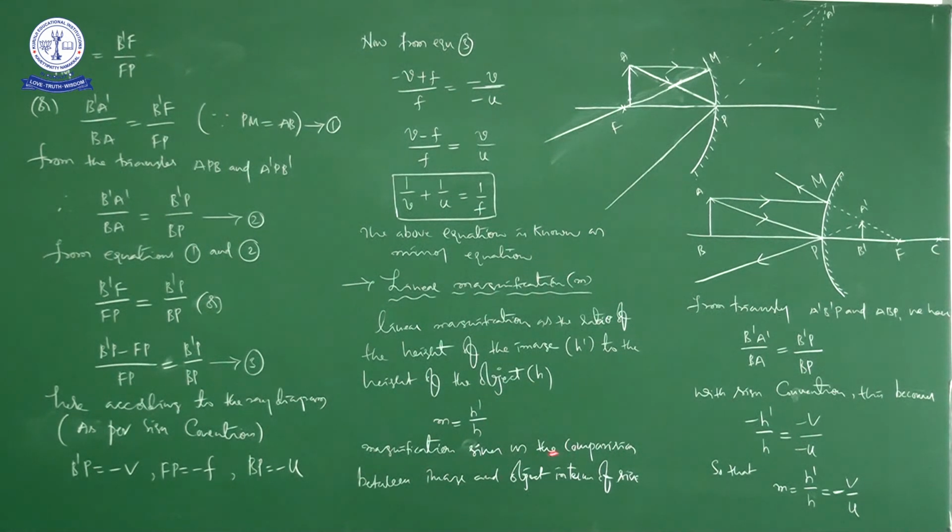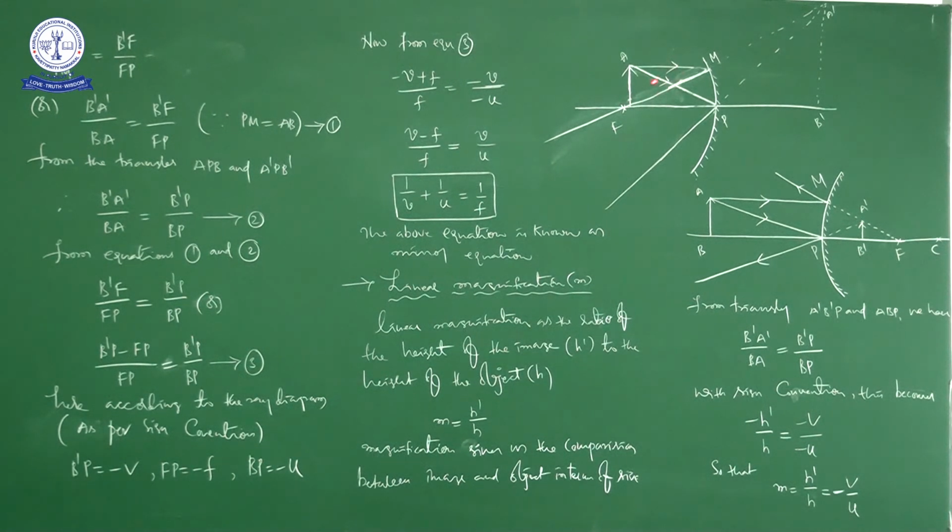Magnification gives us the comparison between image and object in terms of size. Okay, right. You see this picture, here we have a concave mirror, and this is the object.